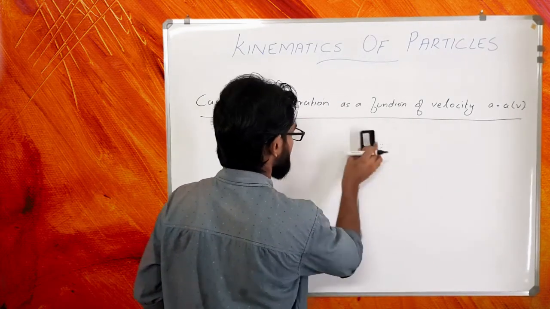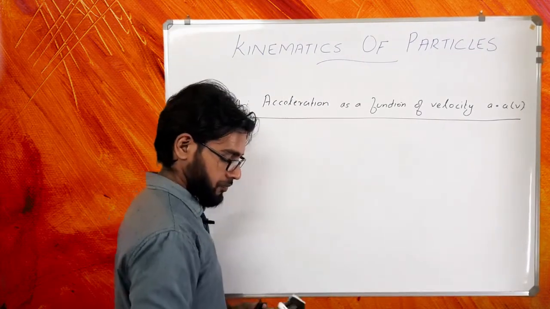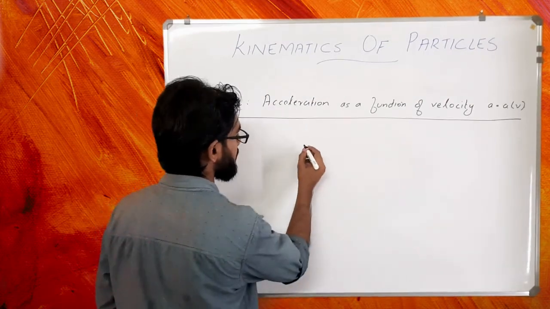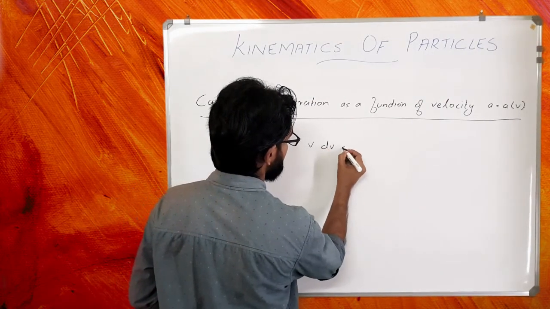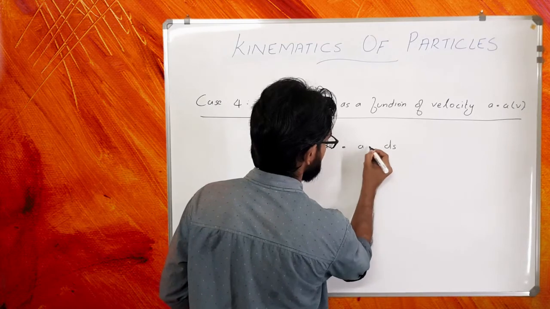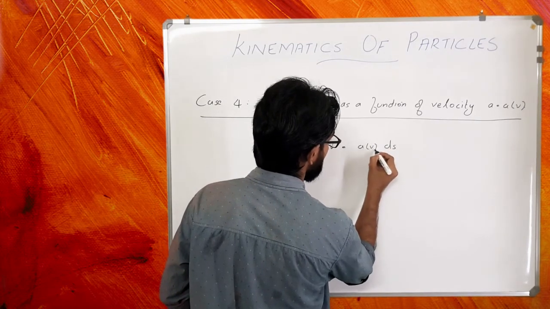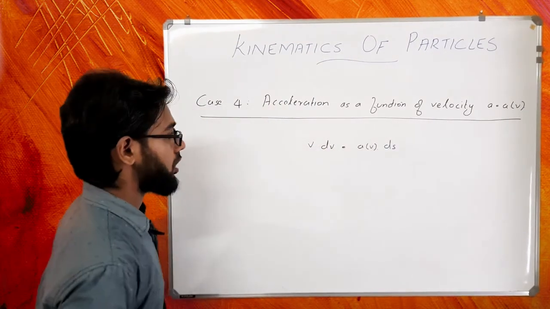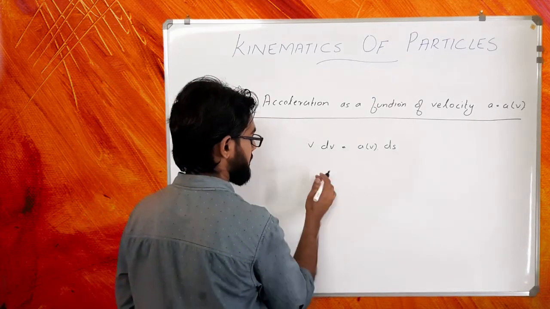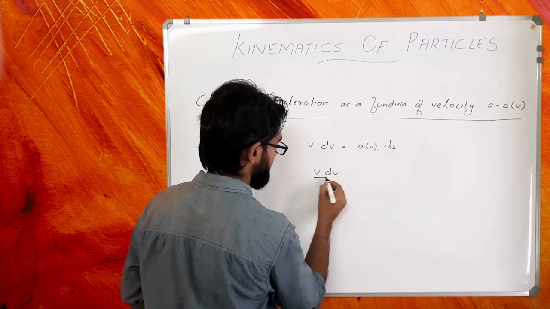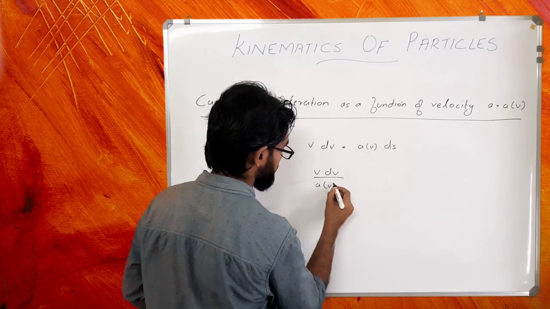For that, we use the equation v dv equals a ds, where a is a function of the velocity. Now in similar case, I bring it to the same side, since acceleration is a function of velocity.